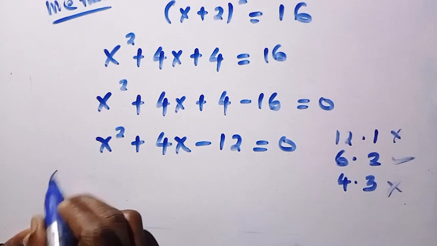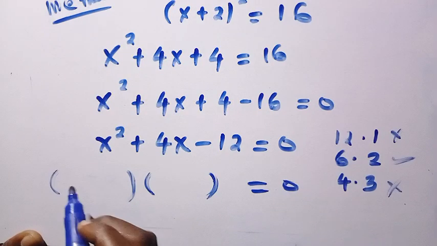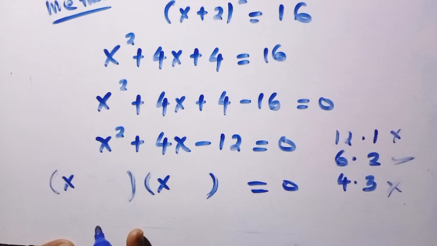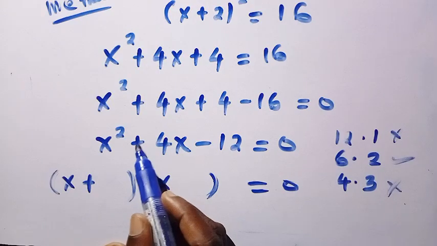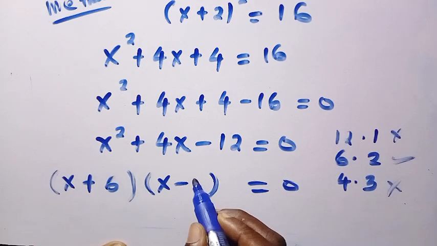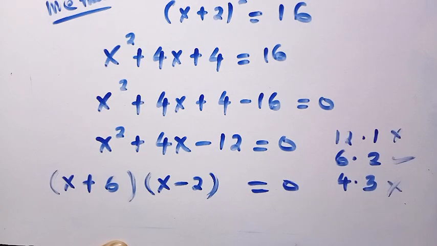Knowing that, we create two brackets like this, equals 0. Here we put x, here we also put x. But we are going to consider which one we take negative and which one we take positive. It's very simple. Since this one is positive, we go with the highest number as positive and the lowest number as negative, so that we can have this expansion when we expand.